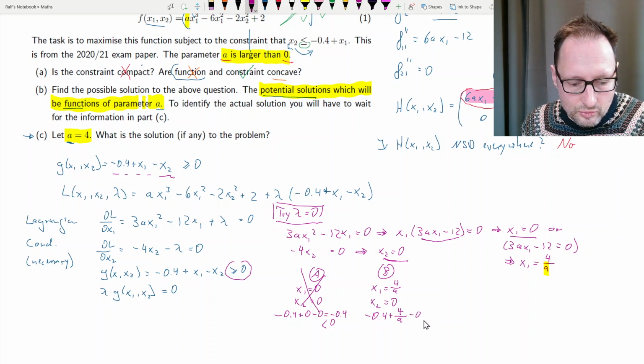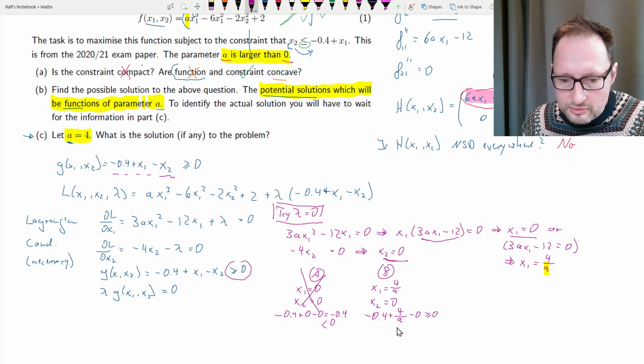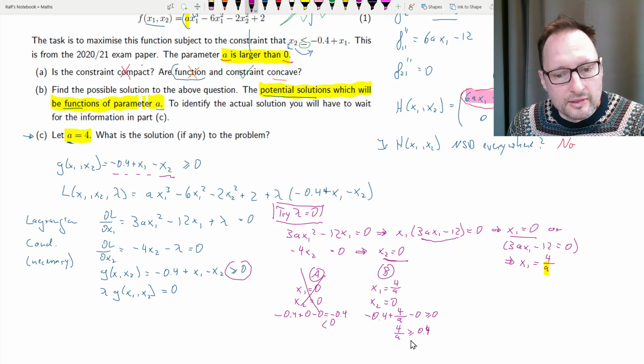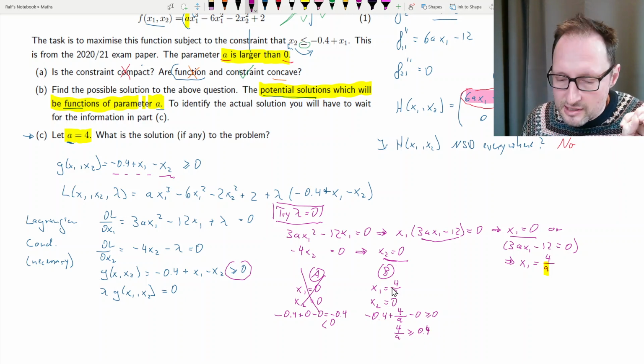So what you see here is that you get negative 0.4 plus 4 over a, and we need this to be larger or equal to 0. We can bring the negative 0.4 on the other side. So you get 4 over a is larger or equal than 0.4. So whenever 4 over a is larger than 0.4, then this point is allowed.